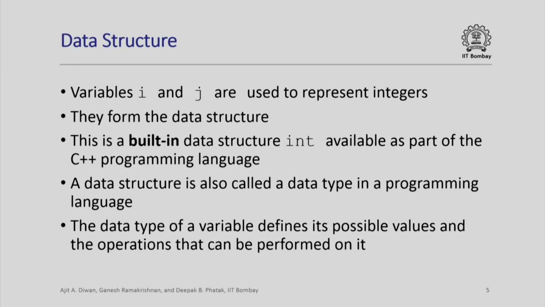The data type of a variable defines what its possible values are and what operations can be performed on it. So an int variable, for example, specifies that you can store integer values in that variable, and you can perform arithmetic operations, comparisons and many other operations on variables of integer type.